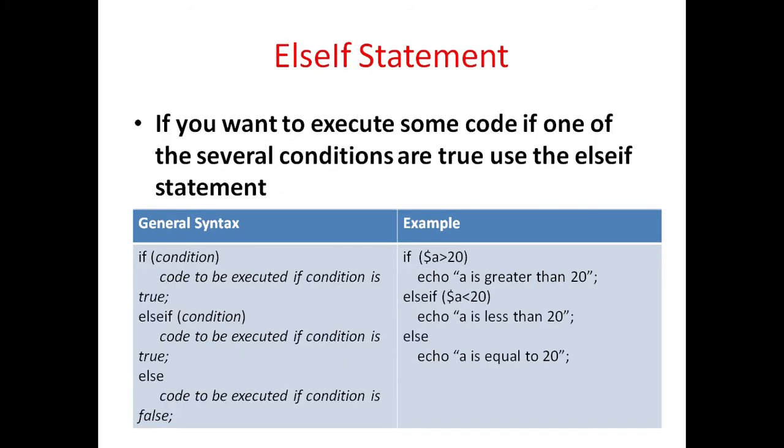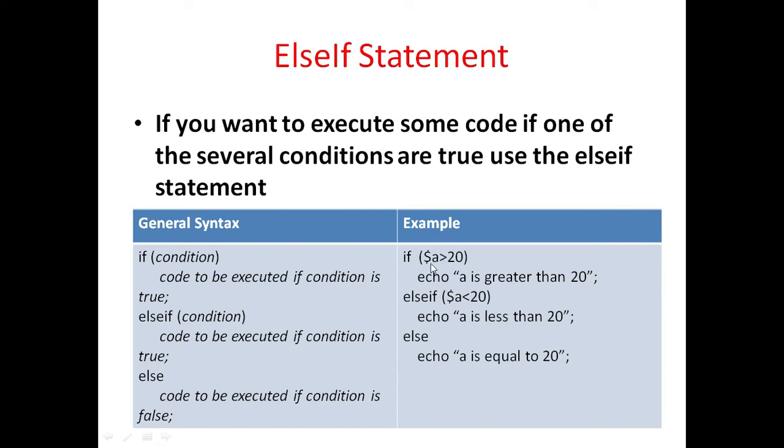Next is the else if statement. If you want to execute some code if one of several conditions is true, use the else if statement. The general syntax is: if condition, then code to be executed if the condition is true, then else if another condition, then code to be executed if that condition is true, and else code to be executed if the condition is false.